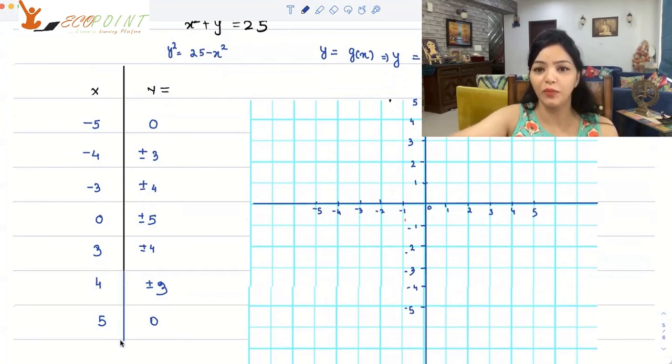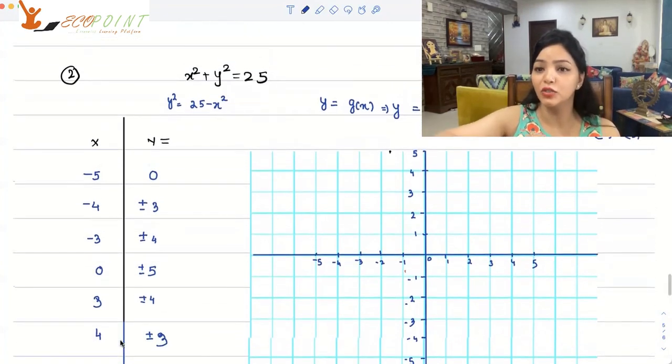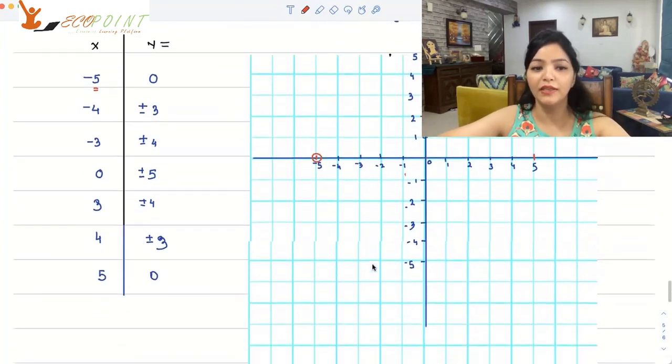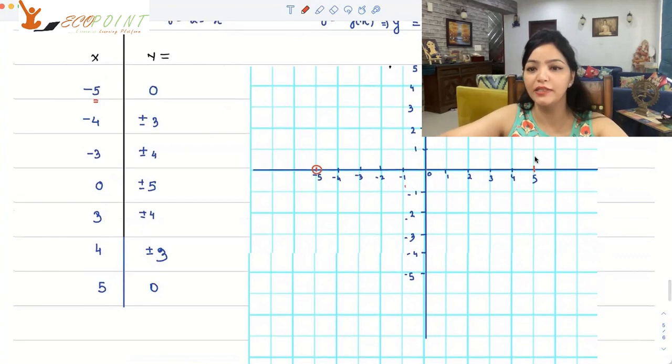Now, how to display this on this Cartesian plane or the coordinate system? So we will mark these points. When x is minus 5, let's start with the first value that we have here. When x is minus 5, out here, y is 0. So that means the first point lies here. In fact, when x is 5, then also y is 0.